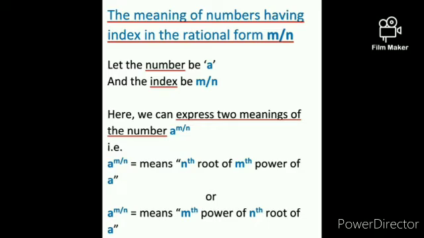As you know, children, in m upon n, m is your power and n is your root. So a raised to m upon n can be expressed as the nth root of the mth power of a, or it can also be expressed as the mth power of the nth root of a.